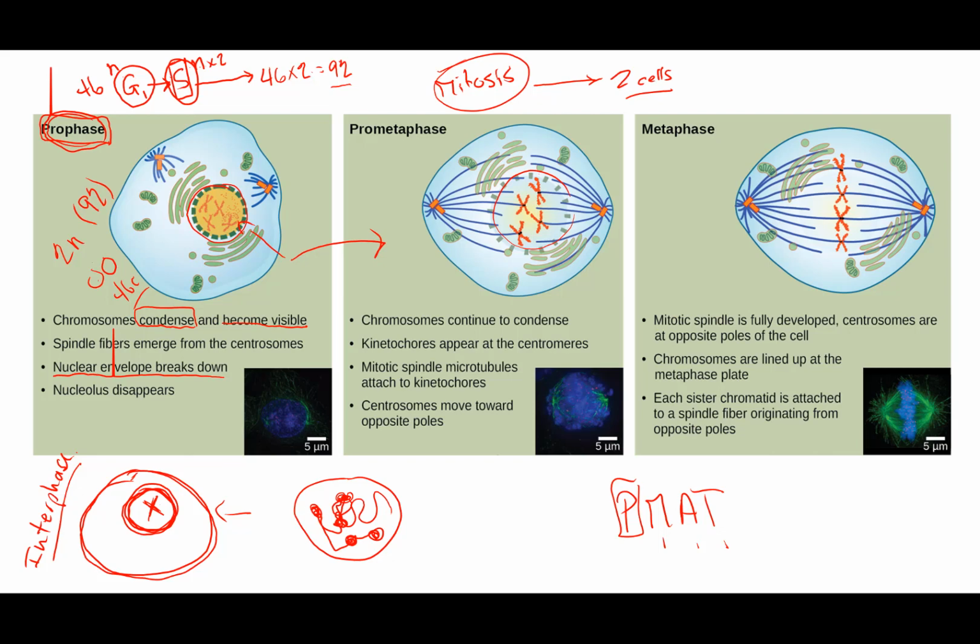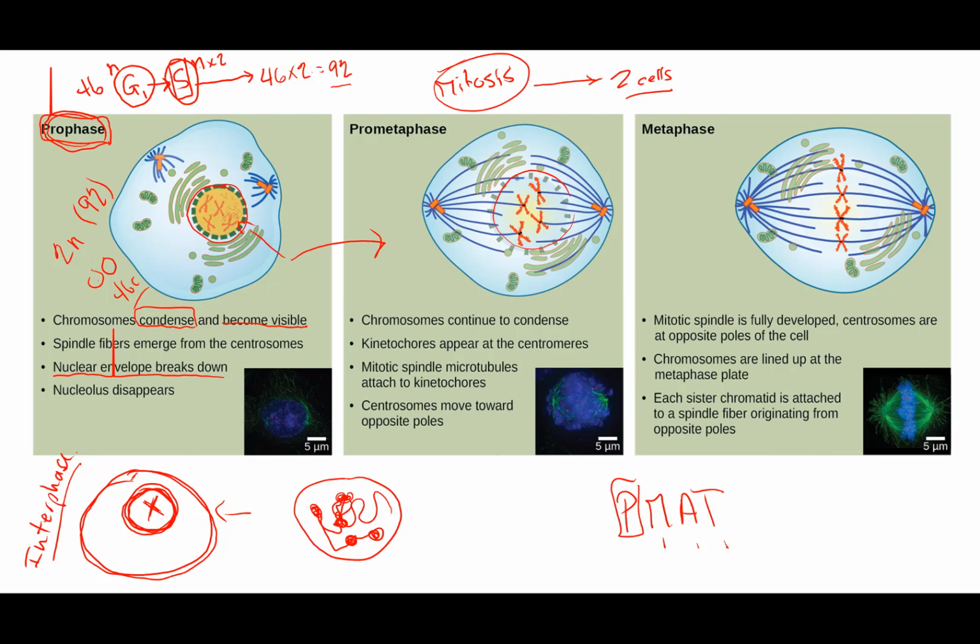We don't want this shell around the nucleus. We want to get rid of it, because what we want to do is separate that DNA, right? We want to create 2 daughter cells, and the nuclear envelope would get in the way of that. So this is the first part. What we have here is prophase.